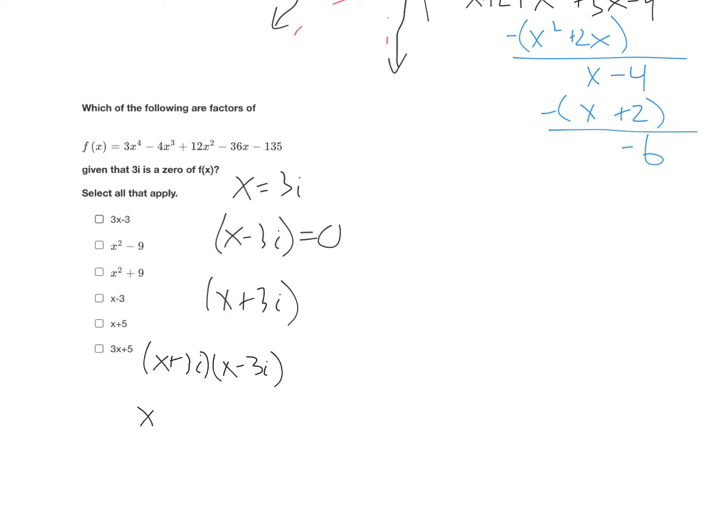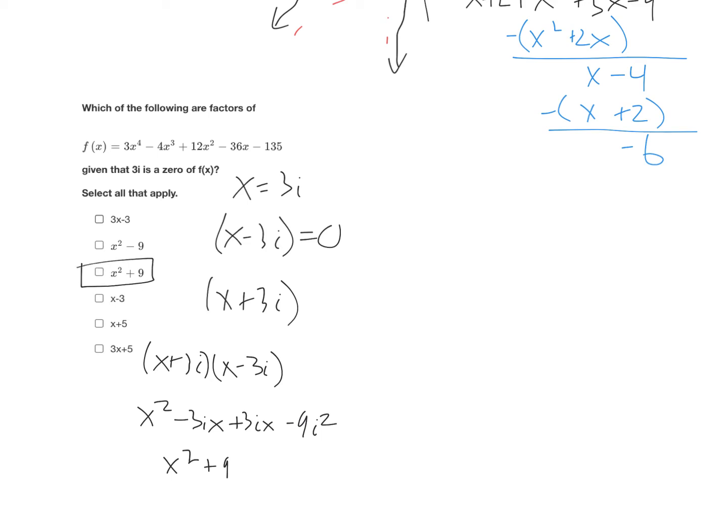And so that's x squared minus 3ix plus 3ix minus 9i squared. The middle two terms, of course, cancel out, and then the i squared, since i is the square root of negative 1, you square it, you just get negative 1. And so you have negative 9 times negative 1, which is going to give me x squared plus 9. So that's one of my factors.